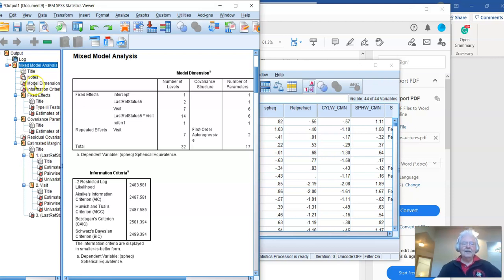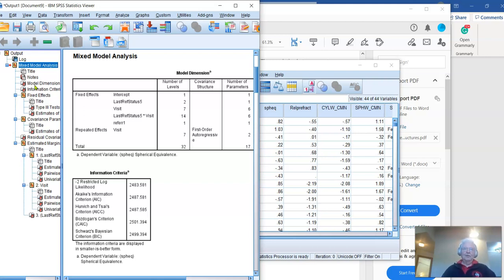Another common warning is, say we didn't put in refractive status, we would have had 5 refractive statuses for each visit, and we would have gotten an error message saying that each repeated measure is listed more than once.